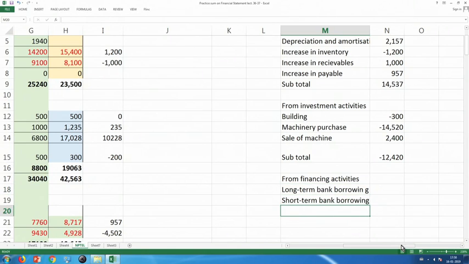Then there may be fresh equity investment, equity subscription, let us call it. So, one by one let us pick up the data.